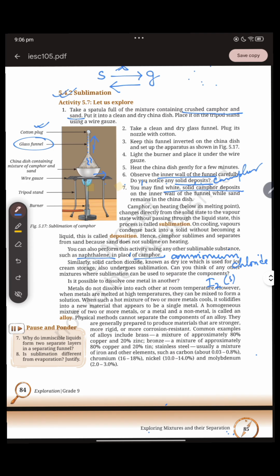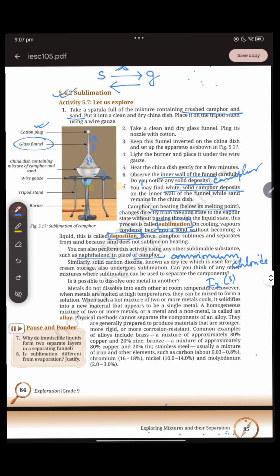Camphor on heating, of course below its melting point, will change directly from its solid state to the vapor state without undergoing the liquid state, and this process is known as sublimation. On cooling, the vapors condense back into the solid state, and this is called deposition.